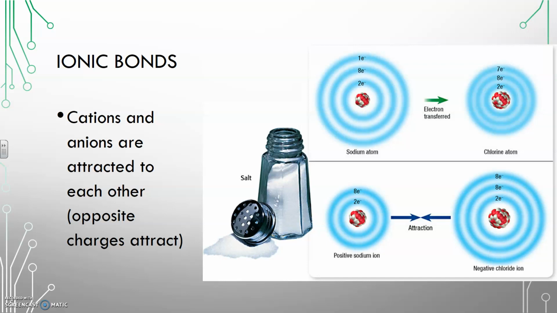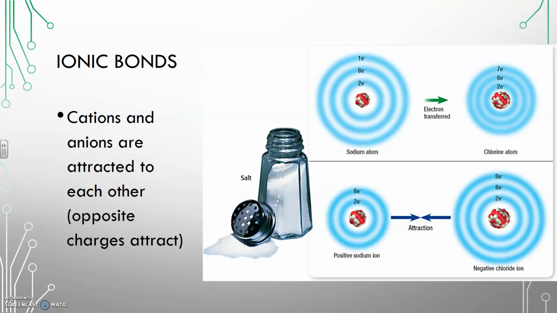Again, this is another depiction of the same thing. This is the formation of sodium chloride, so sodium and chlorine, and that makes table salt. You're transferring one electron from the sodium atom onto the chlorine atom.